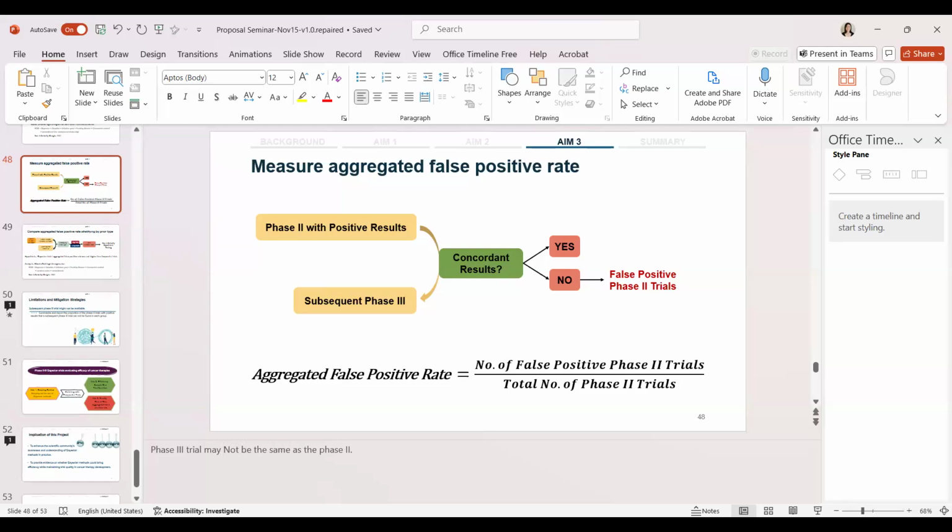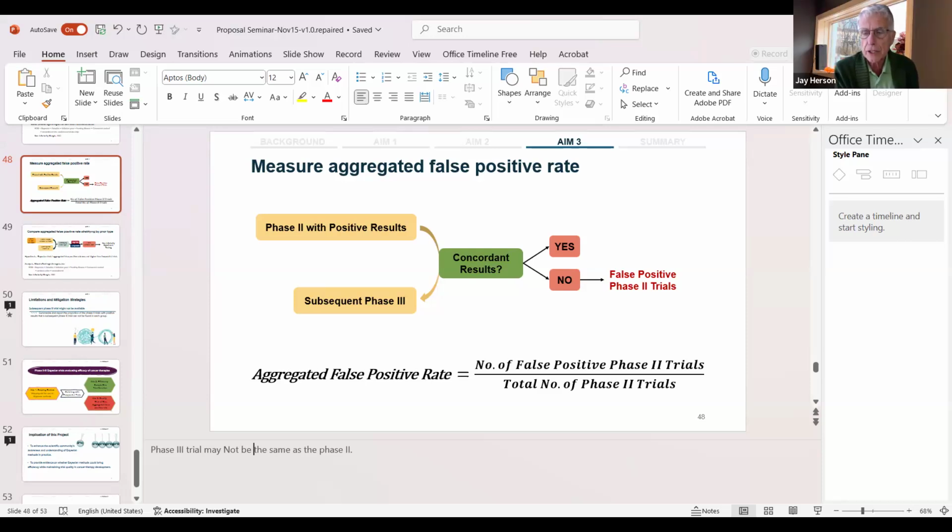To this aim, what I'm thinking right now is to look at the implication. So if the phase 3 is evaluating a different population or a different endpoint, but the result is that the drug is not effective in this population, that's a good explanation.